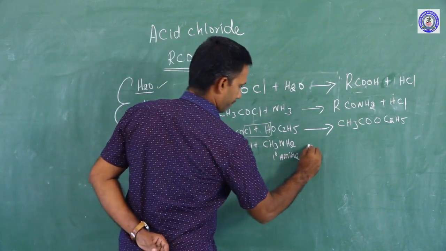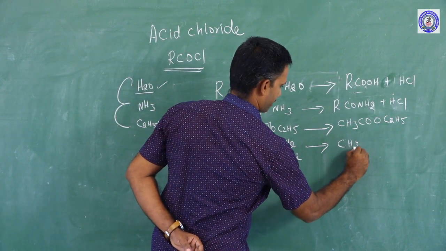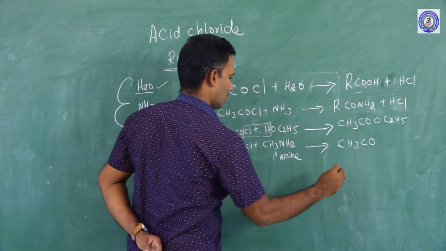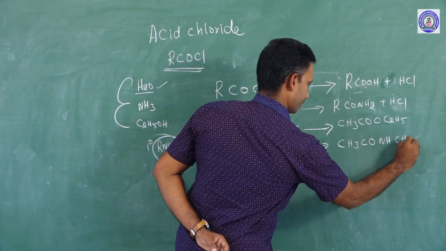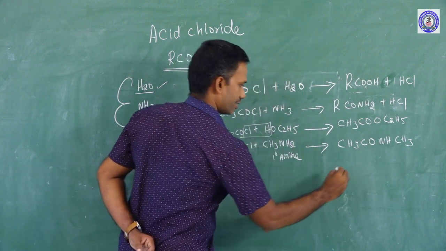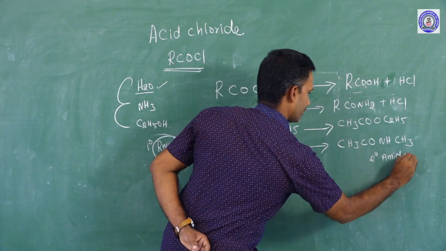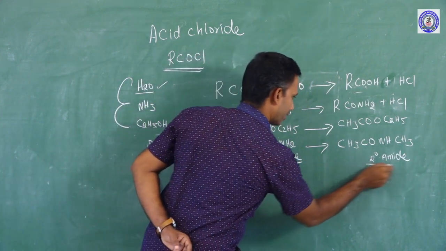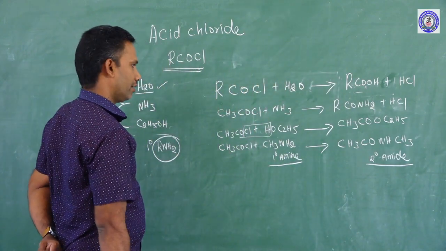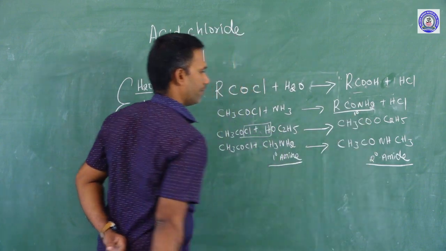You are getting a substituted amide, CH3CONHCH3. This is a secondary amide. See, the beauty is there: if you treat with a primary amine, the product is a secondary amide. When you treat with ammonia, you get a primary amide. This is called primary amide.